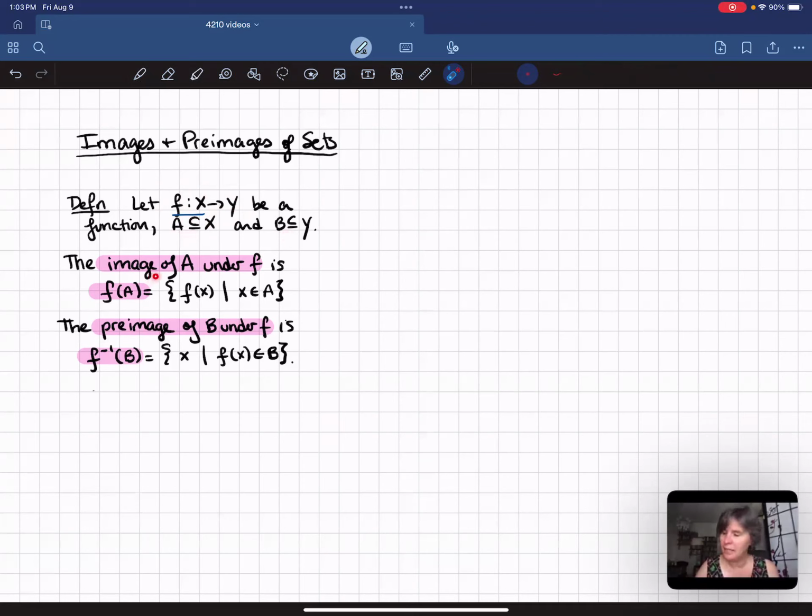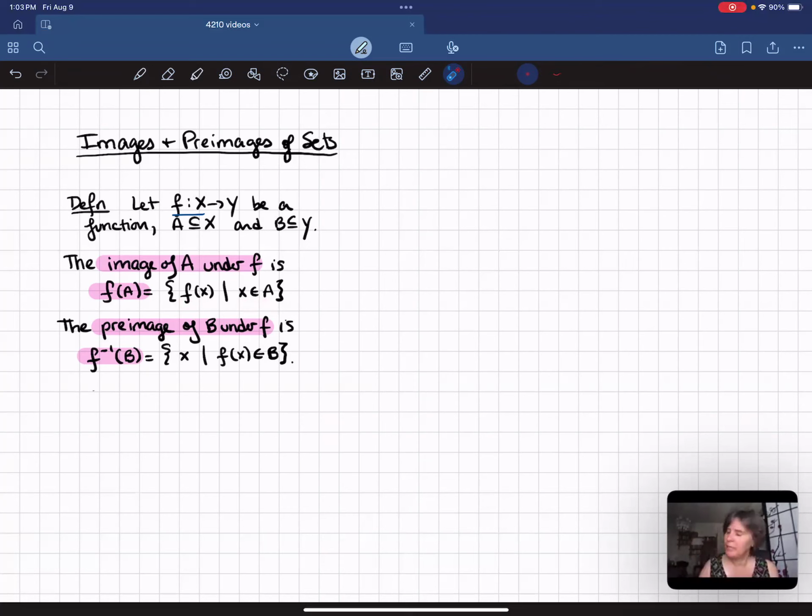Then the image of A under f is written f of A. I might sometimes also say the forward image, or I might just say f of A. But at any rate, it is defined as a set. It's the set of all elements of the form f of x, where x is in A. So it's all the things that can be output if you start with something in A, all of the possible outputs starting with inputs from A.